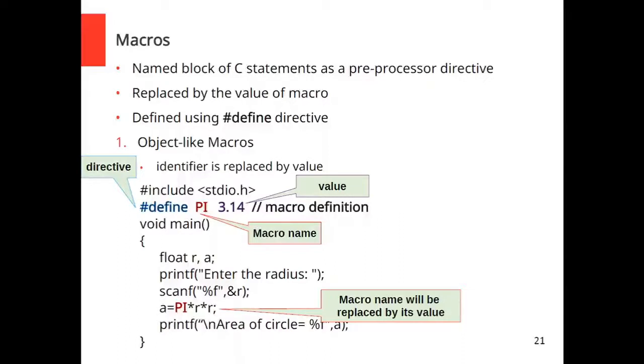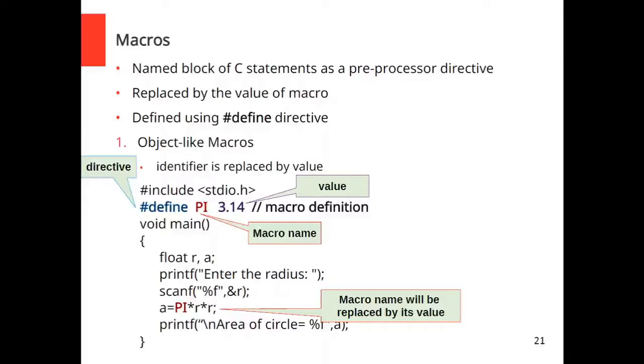Next topic is macros. A macro is a named block of C statements or expression which is declared using a preprocessor directive, hash define. When the code is passed through the preprocessor stage, it is examined by the preprocessor for any macro definition.